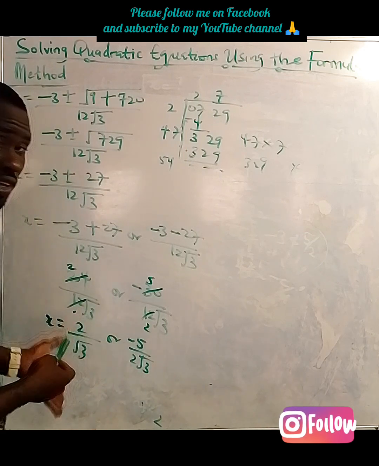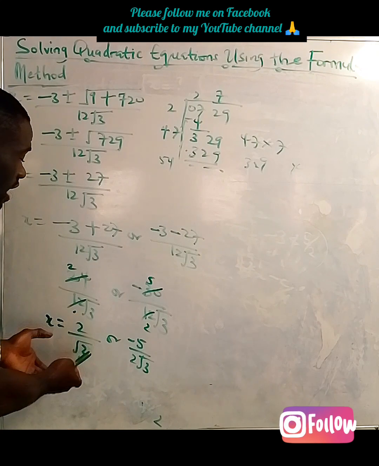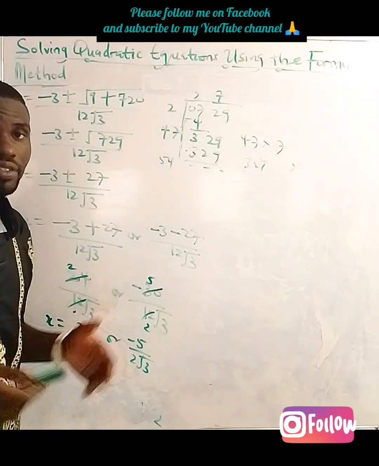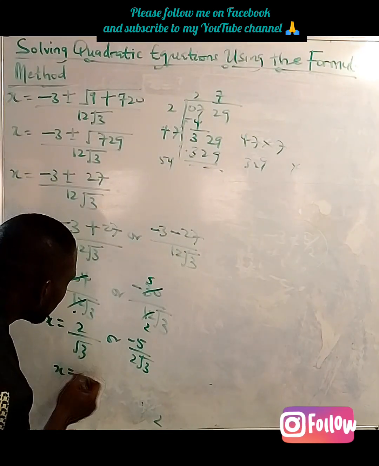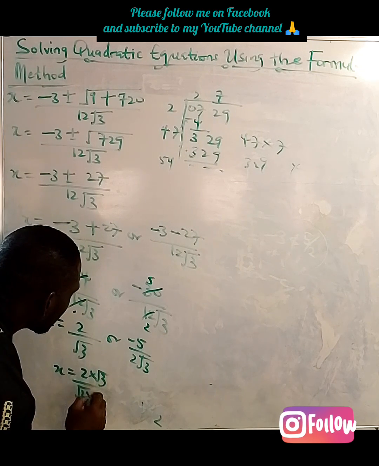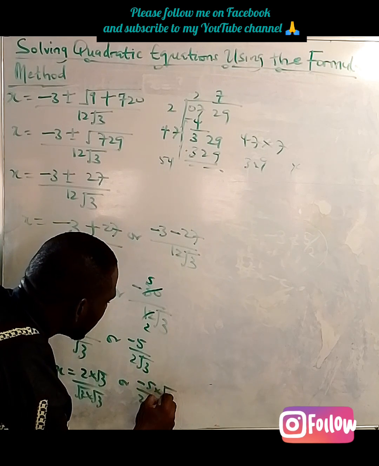Now, if you're not comfortable with this, you could decide to rationalize each of them. We end up having the values of x in a different format. If you want to rationalize, x equals 2 over root 3 will give us 2 times root 3 over root 3 times root 3, or minus 5 over 2 root 3.